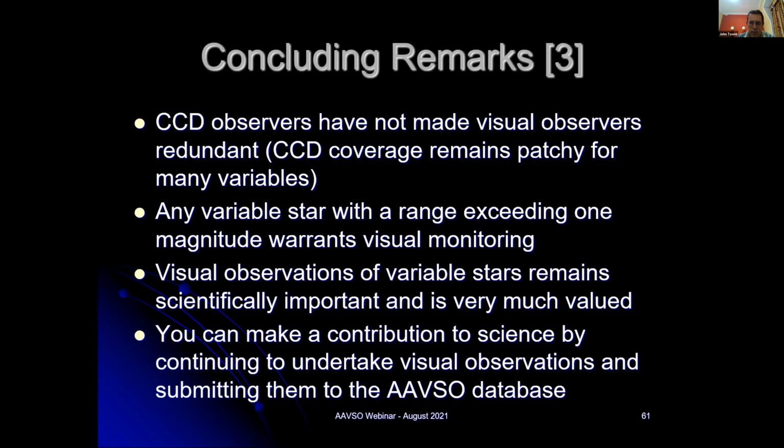To take it to an extreme, you might get a medal like Albert Jones did. And anybody on this webinar can make a contribution to science by starting to undertake visual photometry, or continuing to undertake visual photometry and submitting the data to the AAVSO.